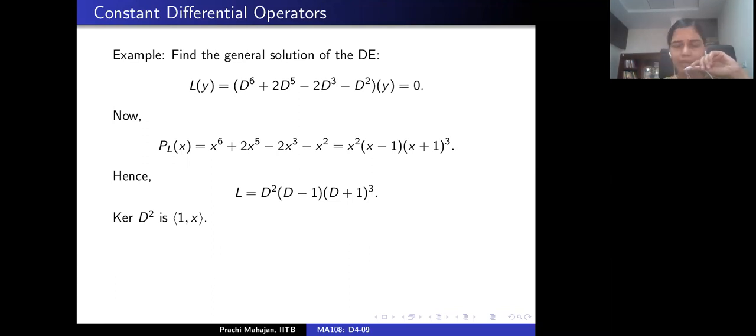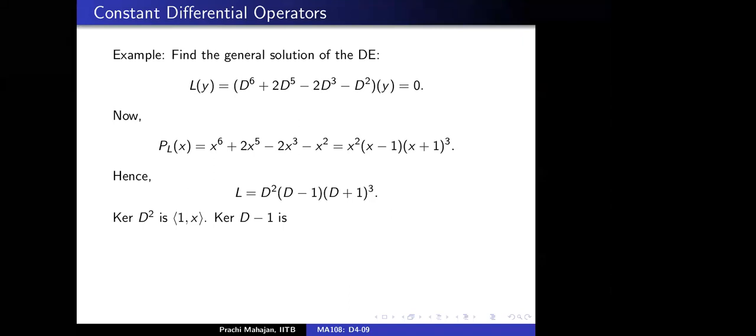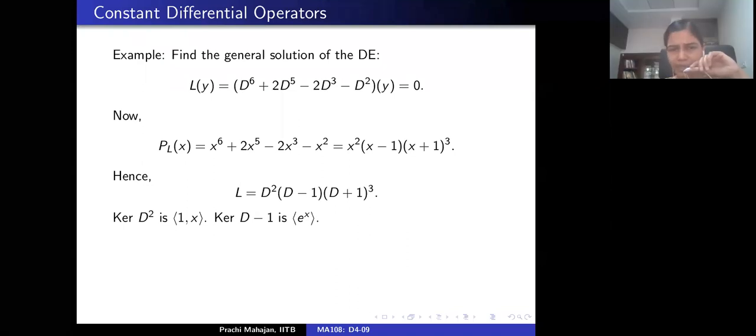Likewise, I should be able to write down one linearly independent, meaning non-zero, solution of the equation (D minus 1) y equal to 0. And what is that? E raised to x. So every solution of (D minus 1) y equal to 0 is in the linear span of e to the power x. Excellent. And what is the basis of the null space of (D plus 1) cube?